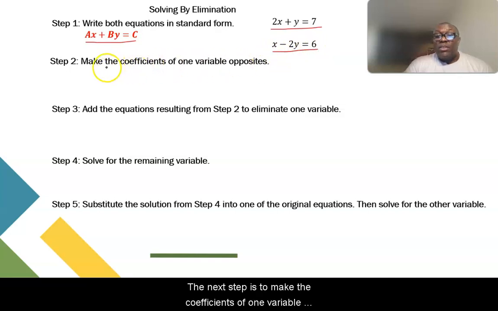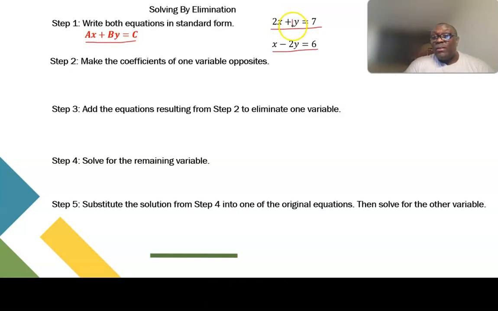The next step is to make the coefficients of one variable opposites. Now, if we look at the first equation, notice that we have the coefficient of y is 1. And the coefficient of y in the second equation is negative 2. So that is the easiest way to make the coefficients of y opposites.